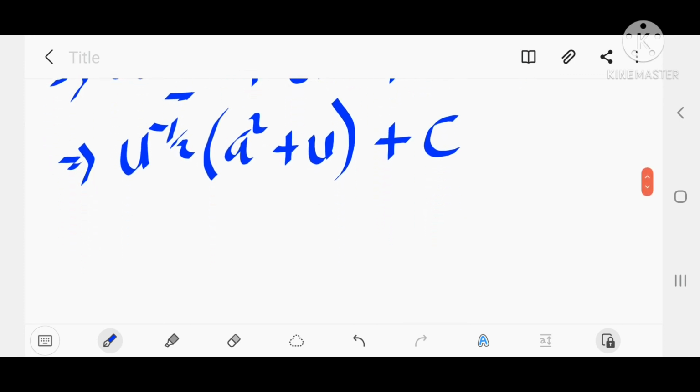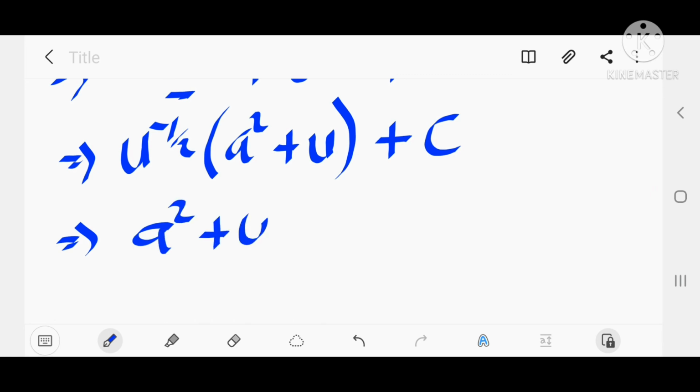That means we'll have a squared plus u on the square root of u. I hope you understand. The exponent negative half is the same thing as the square root of u as a denominator. So we have plus c.